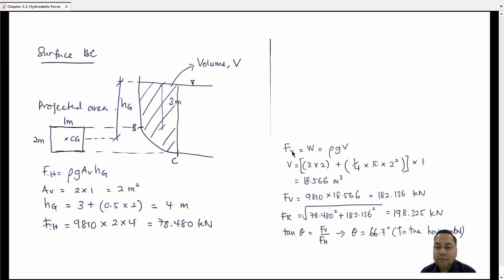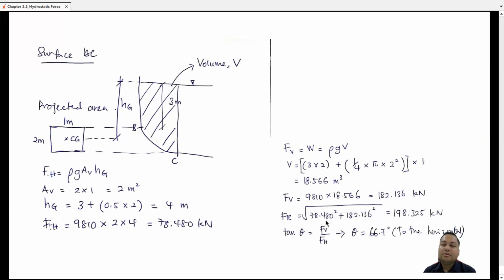Whereas for the vertical force, we can use this equation to determine the weight of the liquid displaced. So Fv is equal to 182.136 kilonewton. Bear in mind, we have to determine the resultant force, so we have to use the Pythagoras theorem.